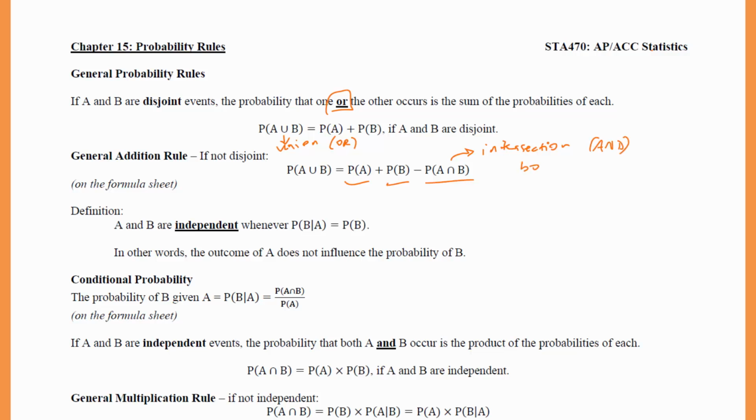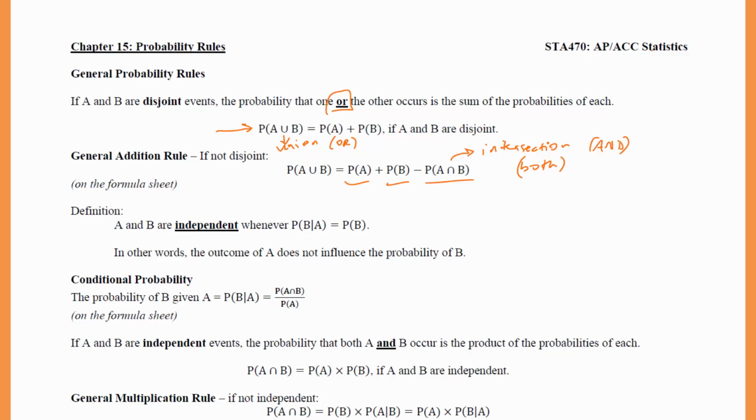So both. So if A and B are disjoint, then the probability of A and B is just 0, and we get the simplified addition formula that we had up here.